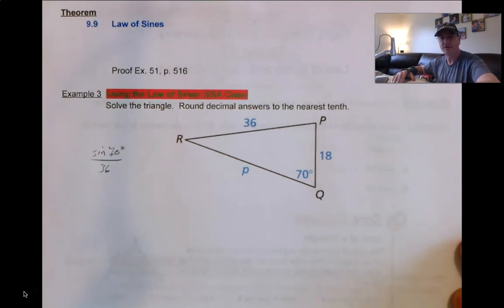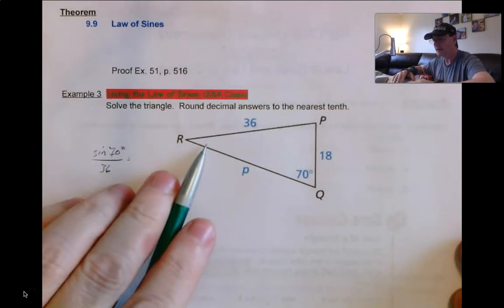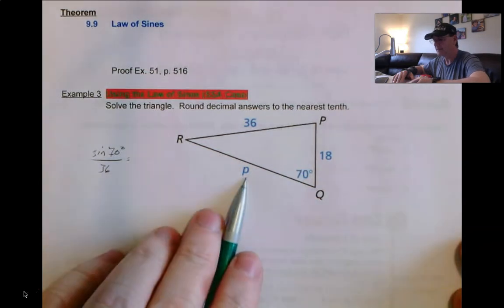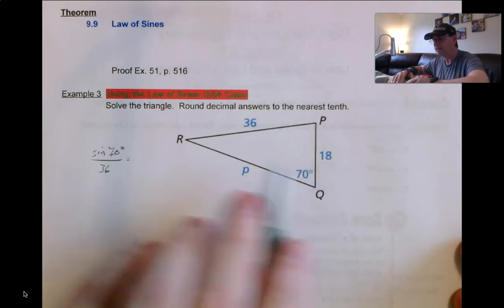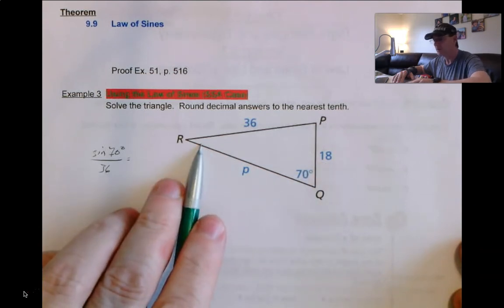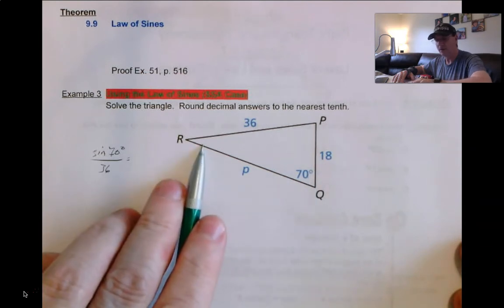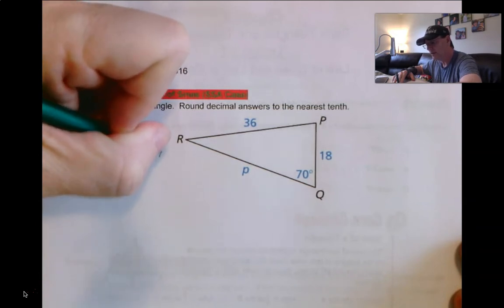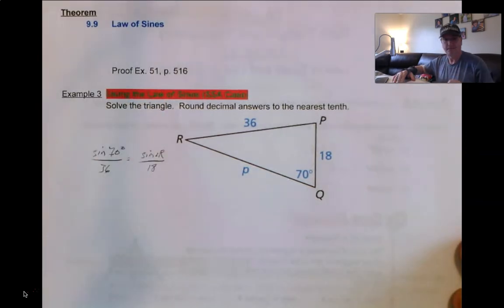If we have one complete ratio, then we can solve this. Equals, we're missing angle R, we're missing angle P, we're missing side P. We know 18. 18 is opposite the R, so that's the one, because that's the information that we know. So this is the angle that we're going to go for. So sine of R, angle R, over 18. This is solvable. We can solve this problem.